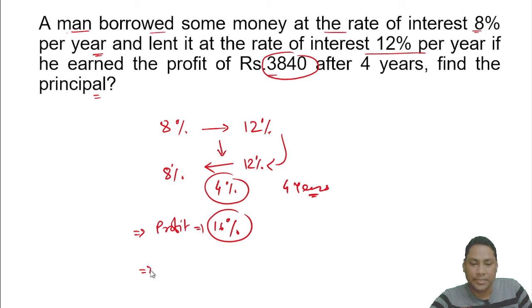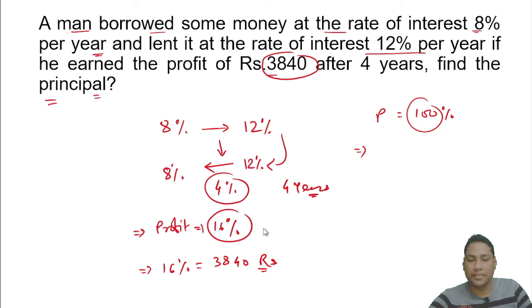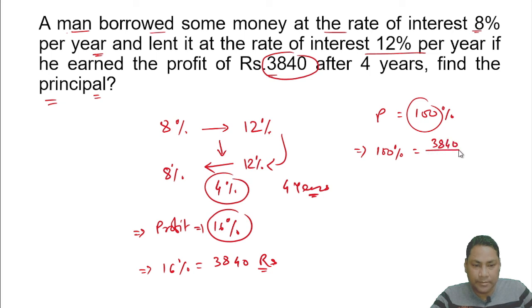So we can say that 16% is equal to 3,840 rupees. We will have to calculate the principal. We know that the 100% amount is principal. So we have to calculate the 100% amount, and we have 16% equal to 3,840. And for 100% it will become 3,840 divided by 16 multiplied by 100.